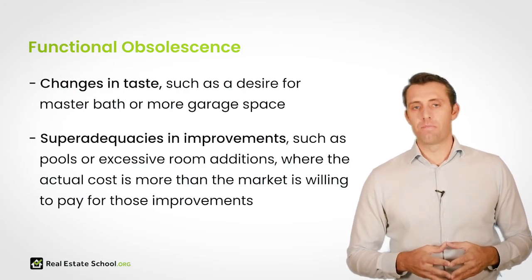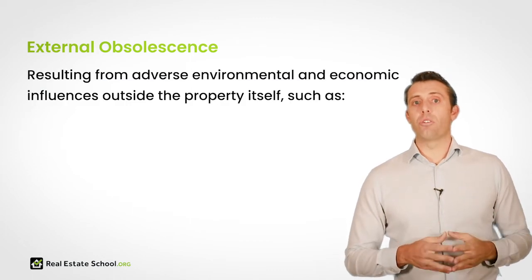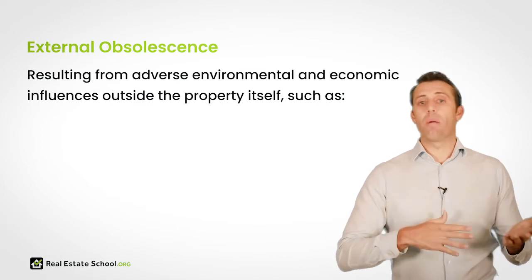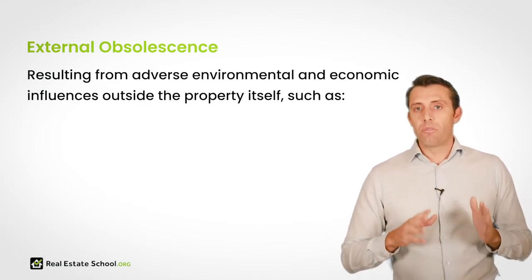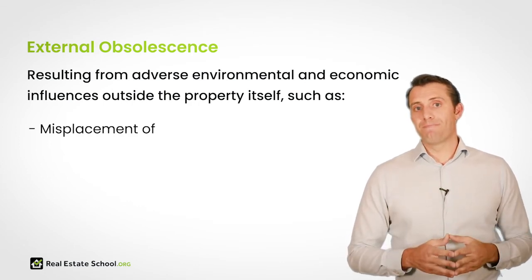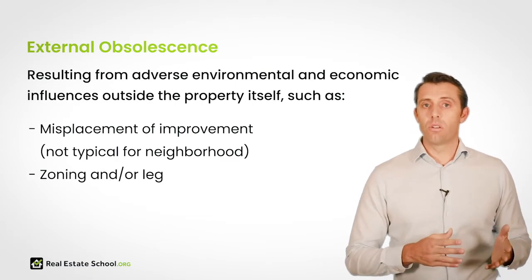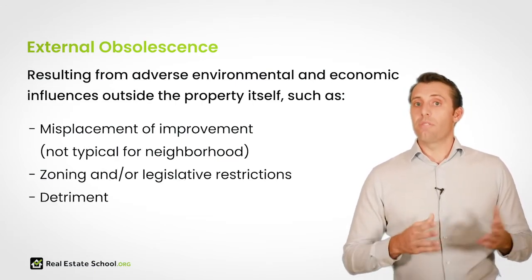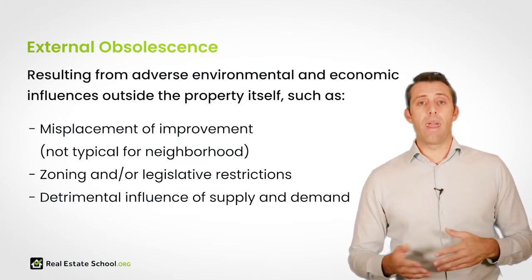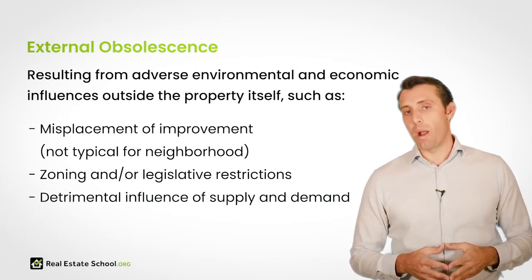External obsolescence, those factors that affect the value of the property, which are environmental and economic and are outside the property itself. Some of these influences are an unexpected improvement, those improvements that are not typical for the neighborhood, zoning or legislative restrictions, factors imposed by the government, detrimental influence of supply and demand, for example, a large development creating an oversupply of a similar property.